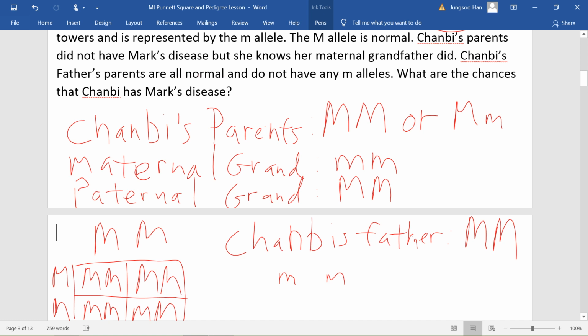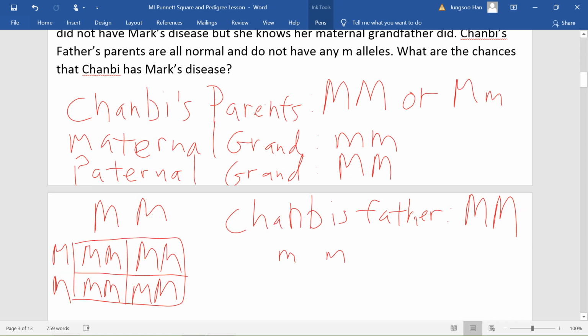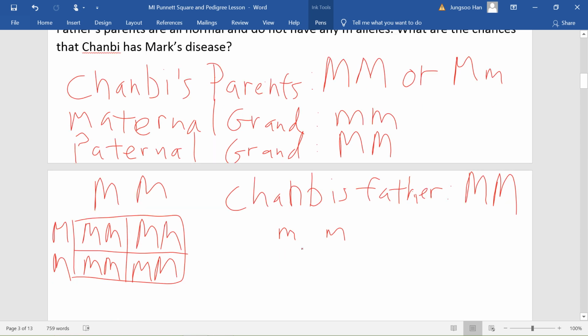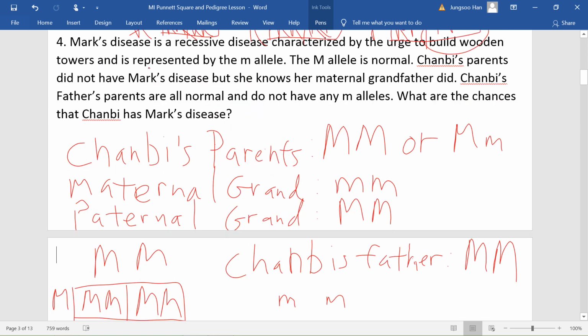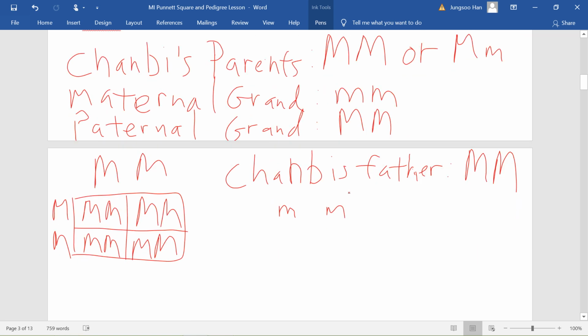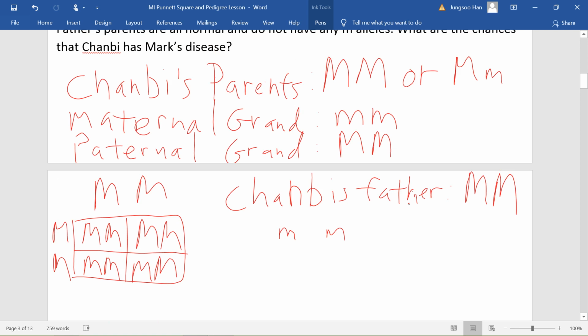But we do know that Chambi's mom does not have Mark's disease, okay? So that means the maternal grandmother cannot have the genotype little m, or that would 100% guarantee that Chambi's mom has Mark's disease, and that's not possible because it says right here, Chambi's parents do not have Mark's disease, okay? So let's just say that the mom is big M, little m.